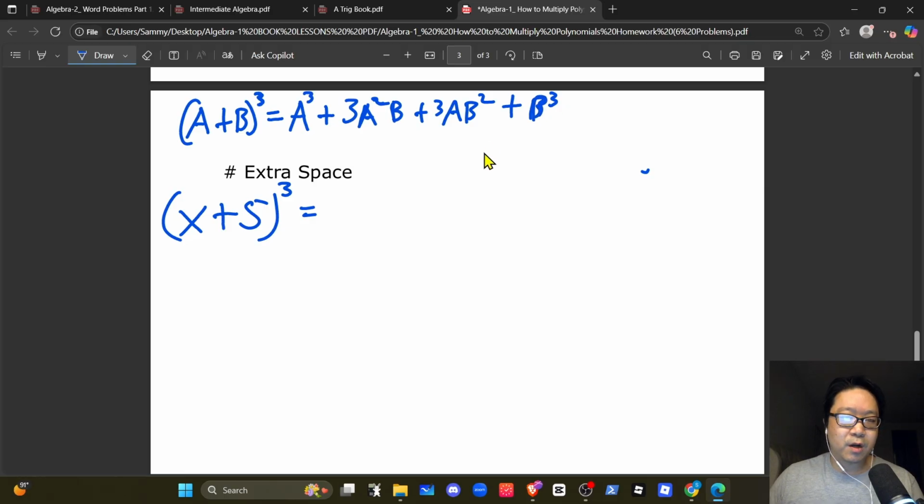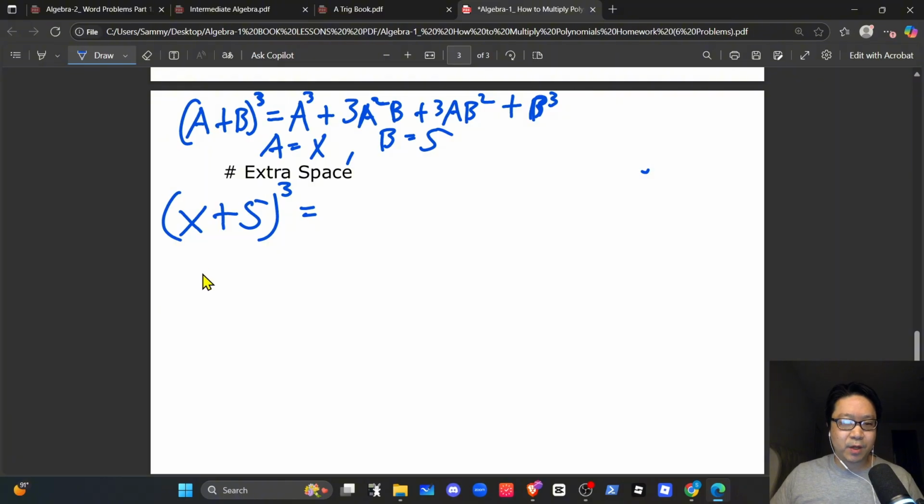Okay, this is a shortcut formula that they teach in Algebra 2, and it's very convenient if you just have it memorized. So in our case of x plus 5 cubed, a would be x and b would be 5. So then all we have to do is substitute x and 5 for this formula. Okay, so let's try that.